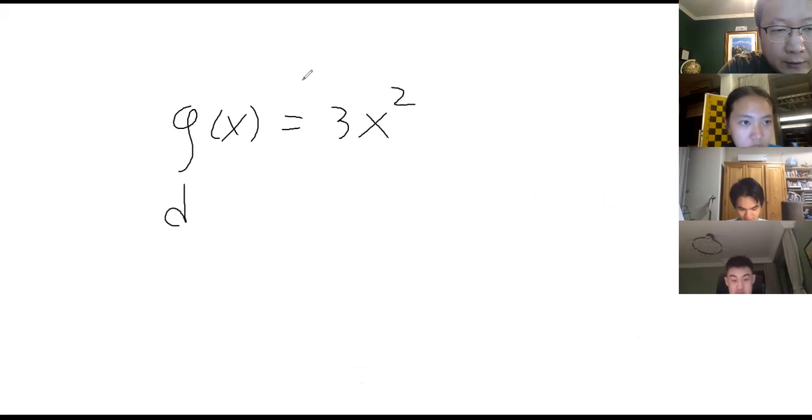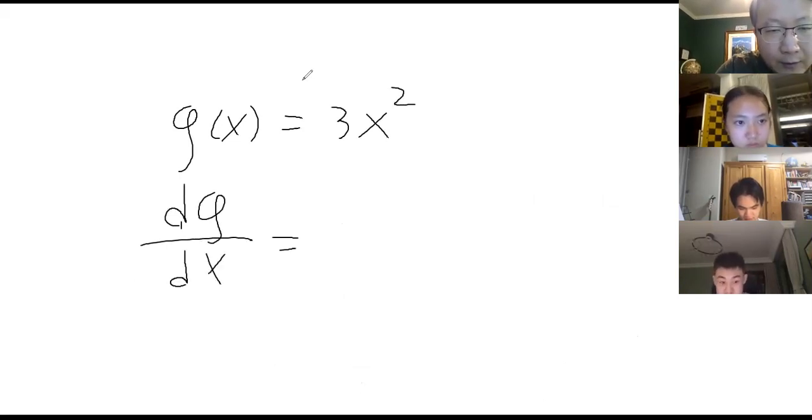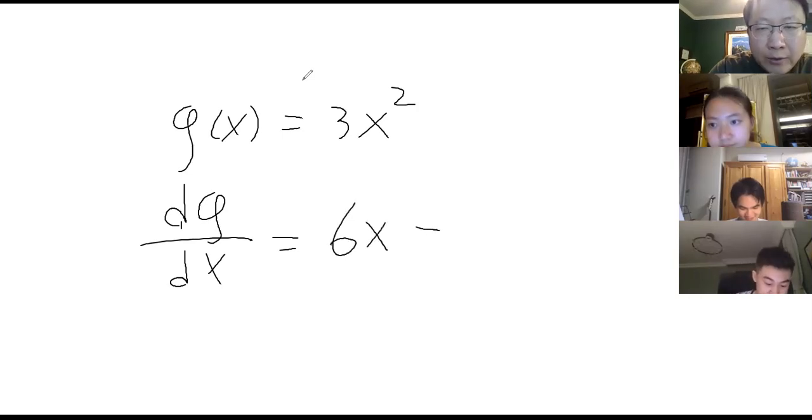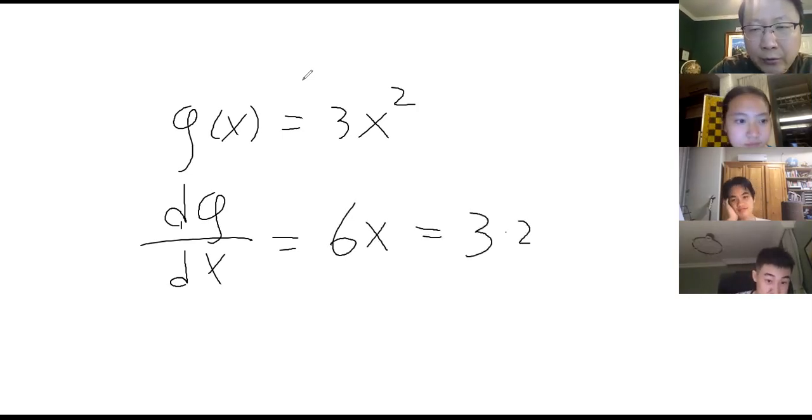So what is this function's derivative? So the result will be 6x, which is 3 times 2x to the 1. So it's 6x. Okay.